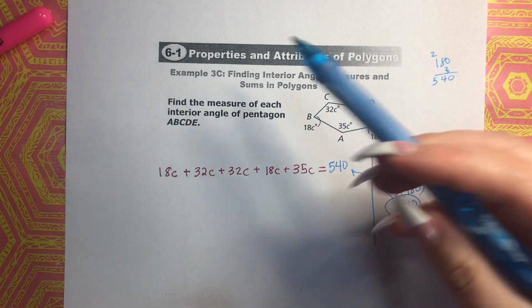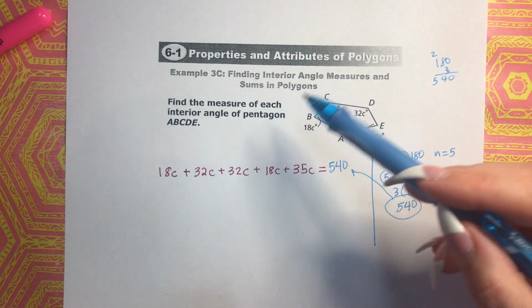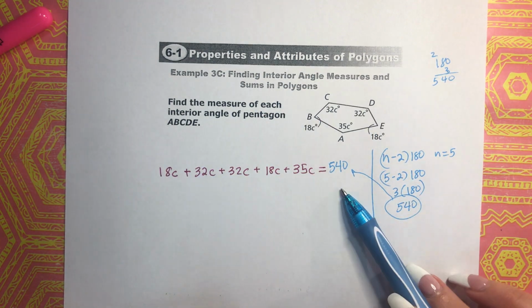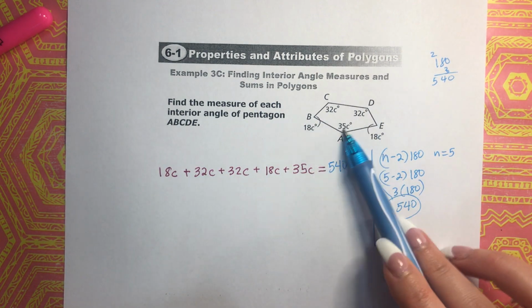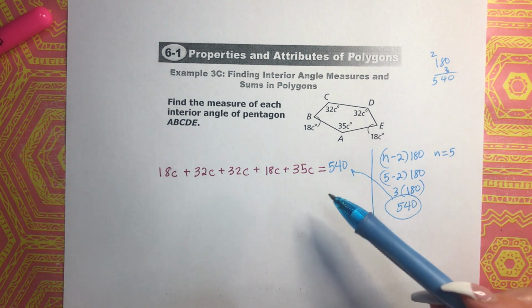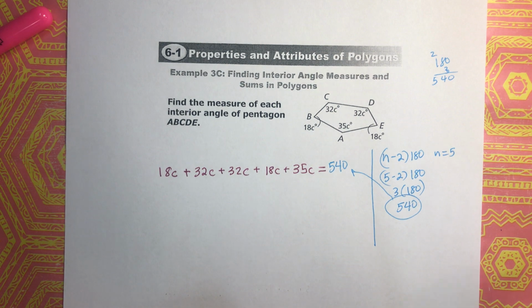Okay? So it wants us to find the measure of each interior angle. So we have to find the measure of each of these. So if we set up an equation, all of these added together equals 540, combine like terms, figure out what C is, and then substitute back in, we should be able to figure this out. So let's do it. All right.